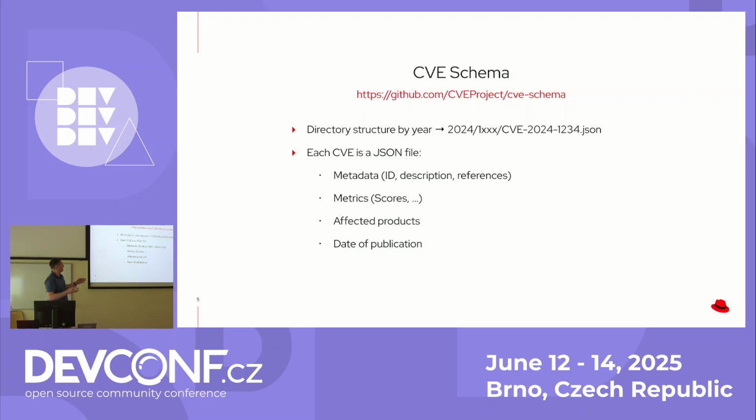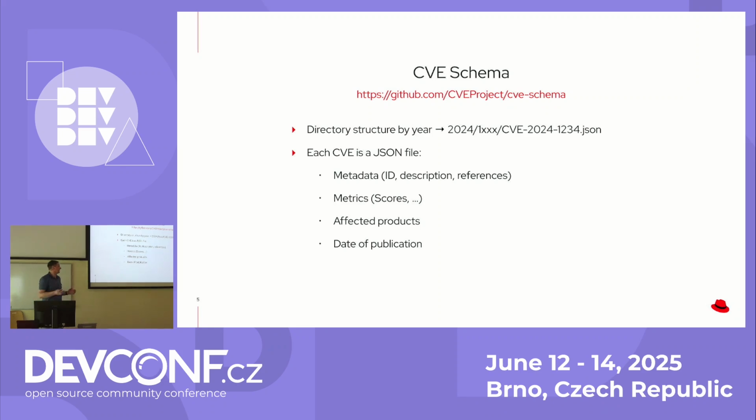The CVE project also defines a schema, and as we can expect, the whole structure of the project is indexed by the year and later by the ID within a particular year. These days there are a lot of new CVEs, so they are additionally indexed by the first or first two digits of the CVE number.